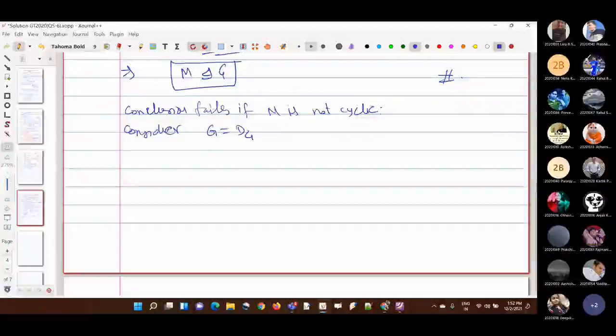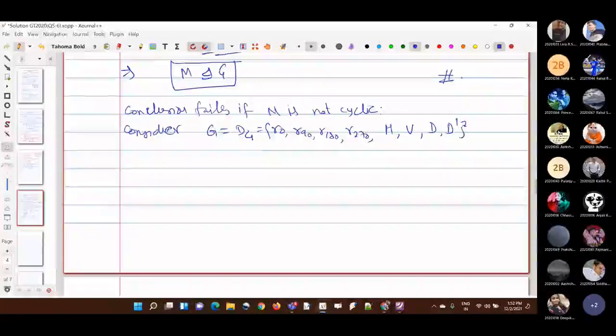G equals D4. In D4, we have R0, R90, R180, D and D dash. Okay, and let us consider its subgroups.